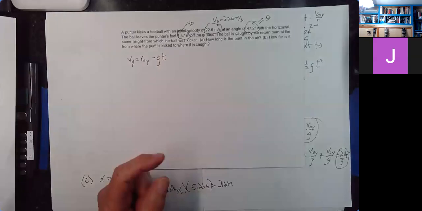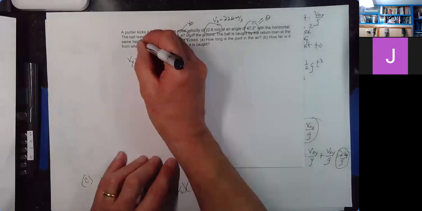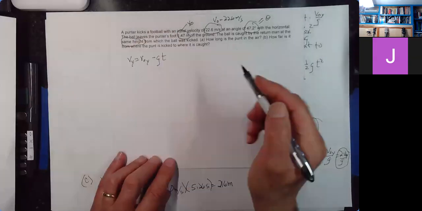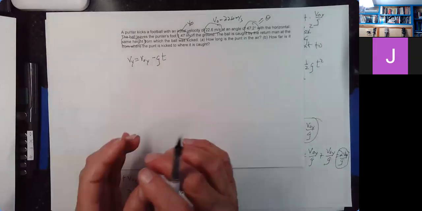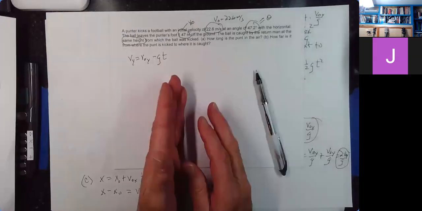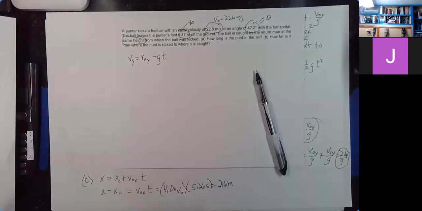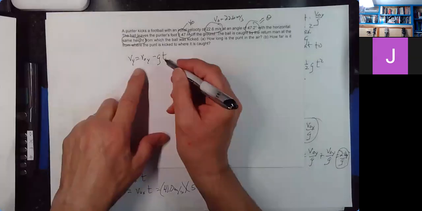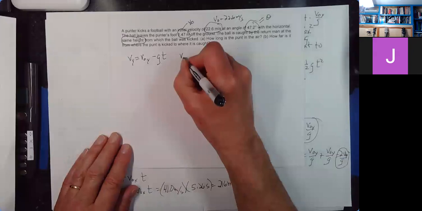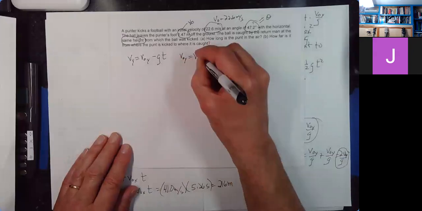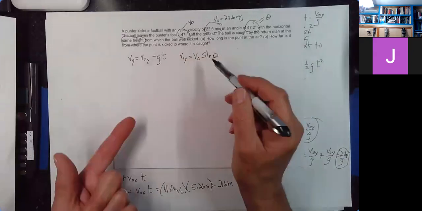But if it's launched and lands at the same height, which this does, because it says it's caught by the return man at the same height from which it was kicked, then we've got this mirror image where it spends exactly as much time on the way up as it does on the way down. And we can do that to figure it out, but then I'll show you another way that we can use here. Anyway, V naught y is going to equal V naught sine theta. And I could get a number for it, but I may just wait and calculate it when I need it.